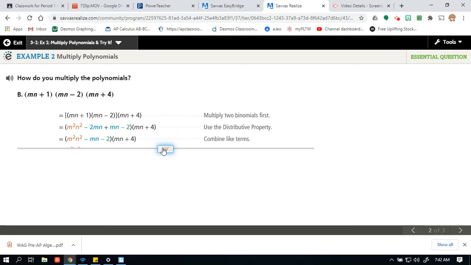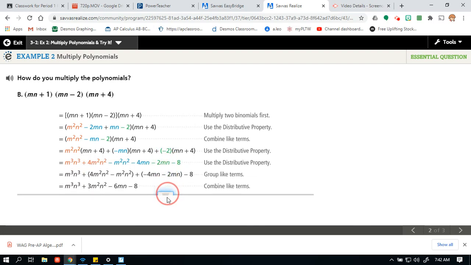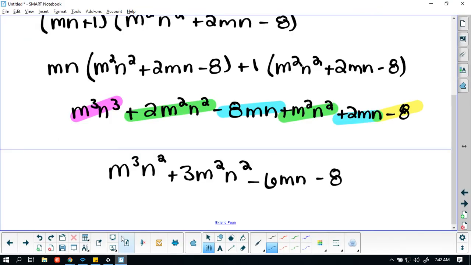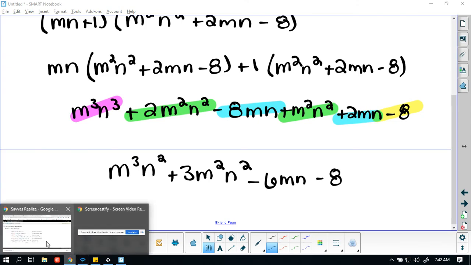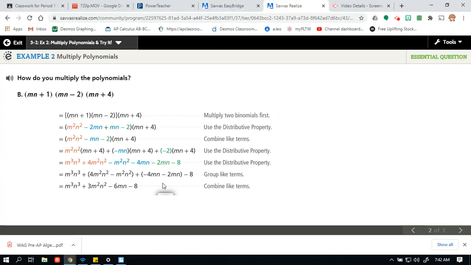So what they did here is they broke apart the m squared n squared component, and they are multiplying each term to the mn plus 4. Then they're going to use the distributive property. They multiplied it through, combining their like terms, and they get m cubed n cubed plus 3m squared n squared minus 6mn minus 8, which is what we also got. So there's multiple different ways that you can go with this.